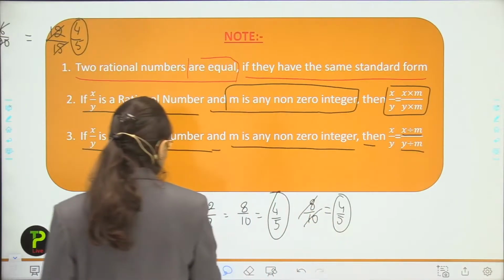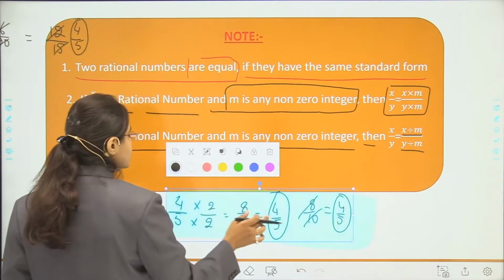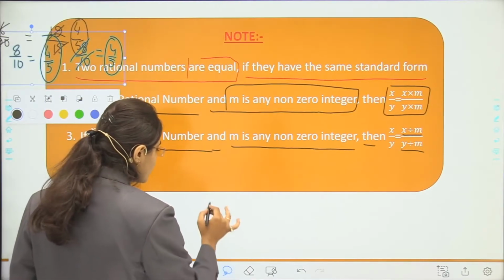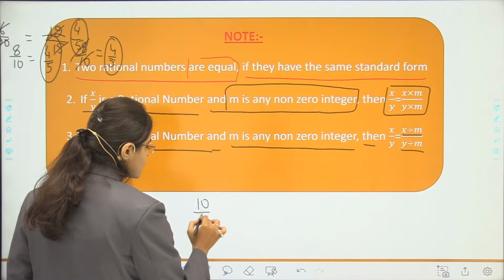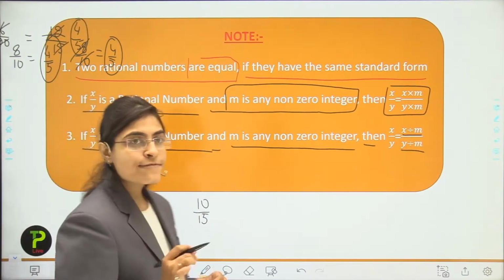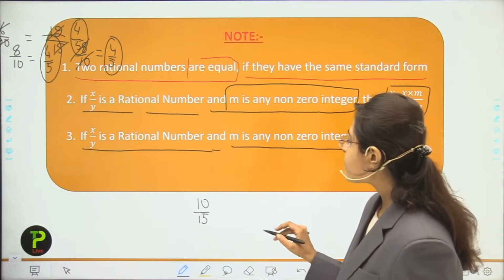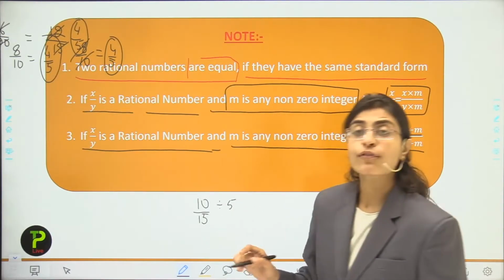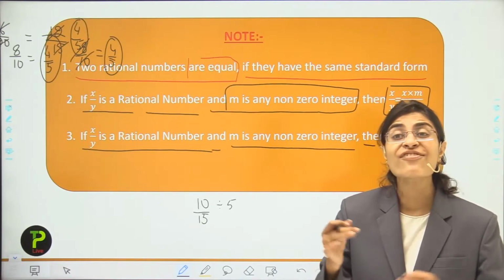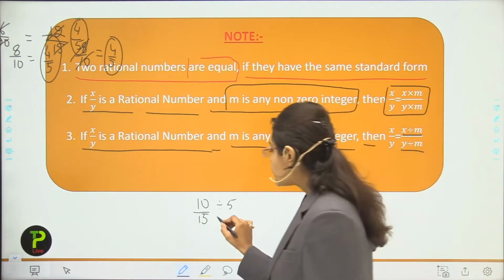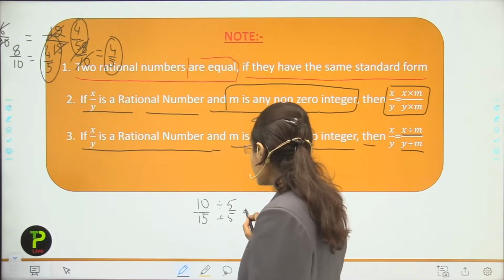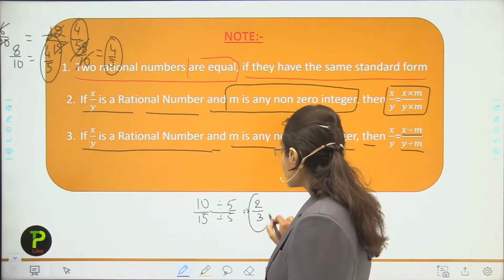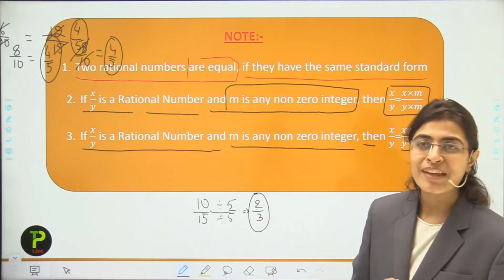Now let us go for the third point. For example, 10 by 15. If I divide the numerator by 5, I have to divide the denominator by 5 as well. So dividing by 5, 10 divided by 5 will be 2 and 15 divided by 5 will be 3. The value of the fraction will remain the same.